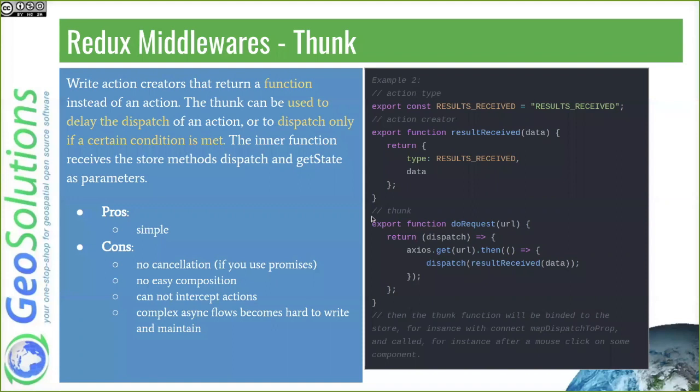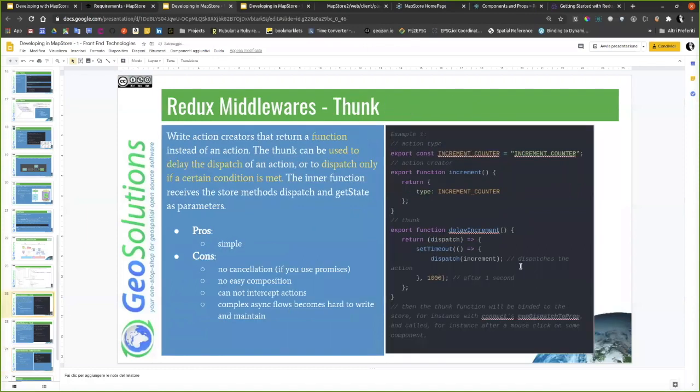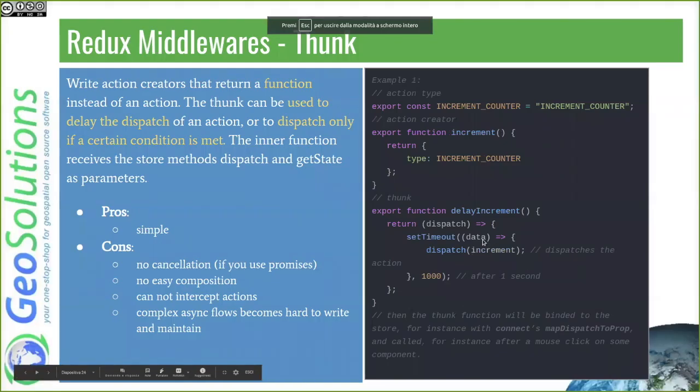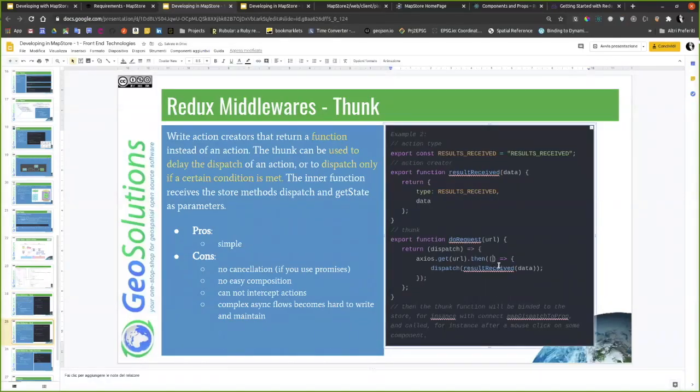It's called a thunk, an action creator defined this way, returning a function, and I can call the Axios library, and when I get the response, I have the data here. Sorry, I modified the wrong slide.